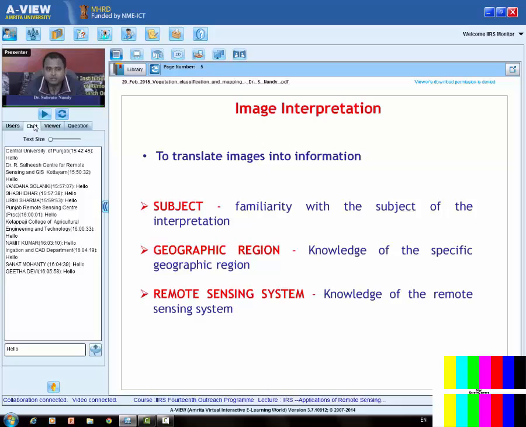Second one is geographic region. Now, knowledge of the specific geographic region is also important while interpreting any image. I'll discuss all this elaborately in my next slides. And above all, you should have a knowledge of the remote sensing system as a whole to interpret any image or identify any object in an image.